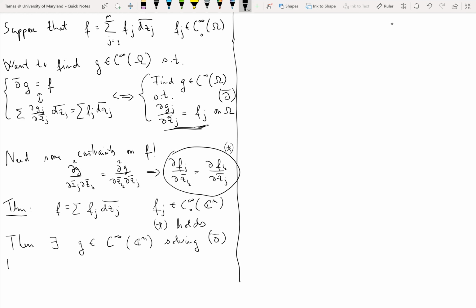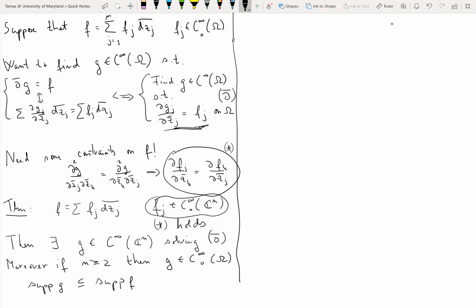Moreover, and this will be the kicker, if n is greater than or equal to 2, so if the dimension is at least 2, then G is going to be compactly supported with support of G included in the support of F. So on places where all the Fj's are identically 0, the G will be identically 0 as well.